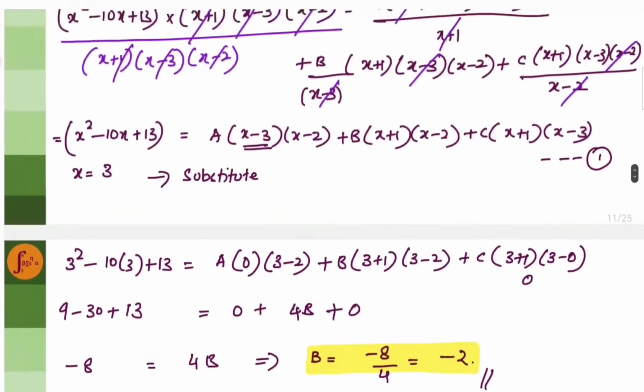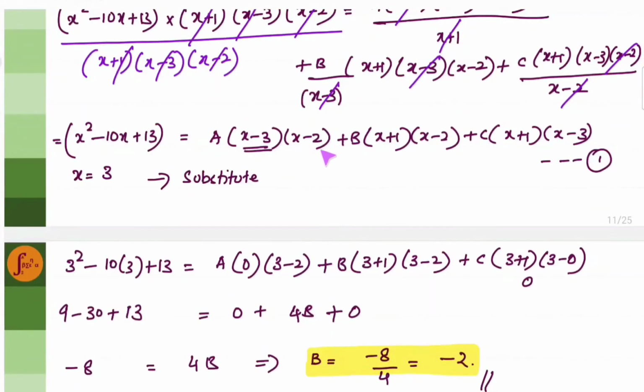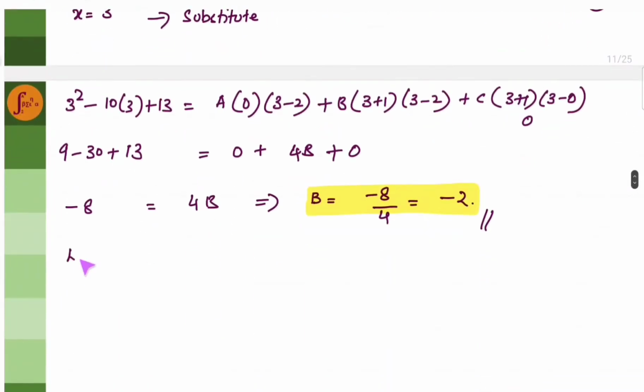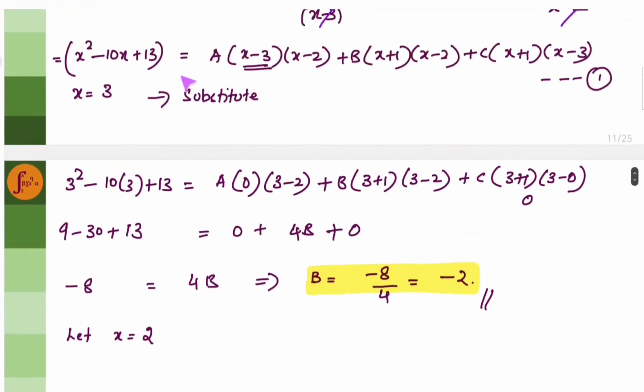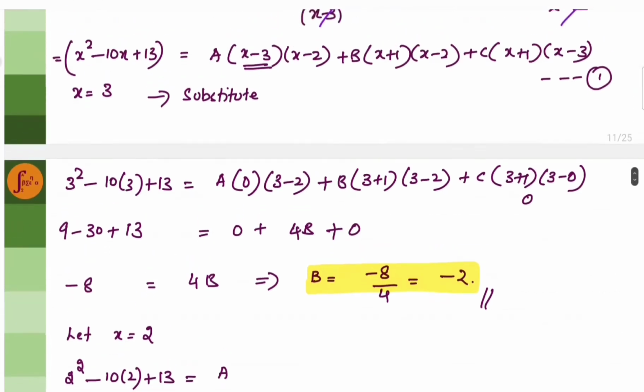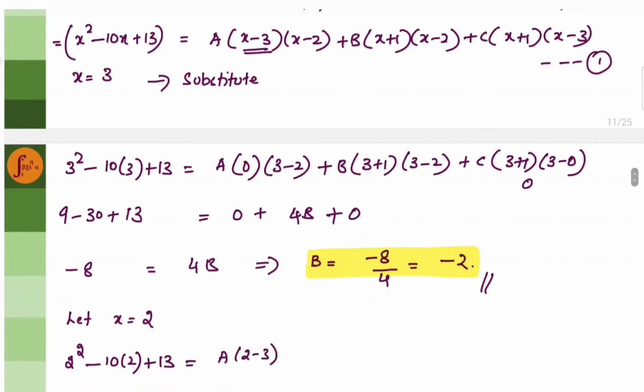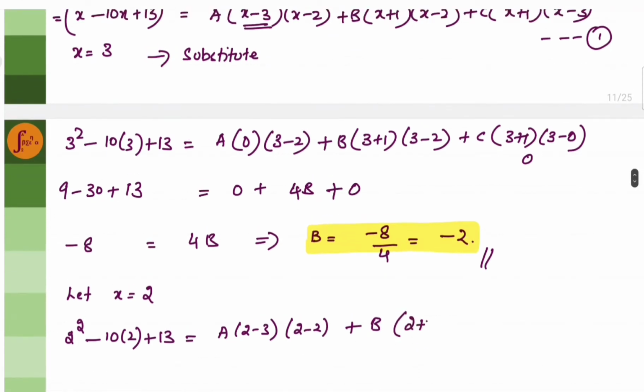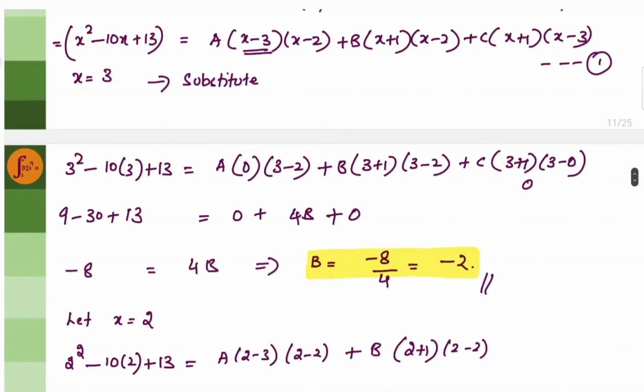Now we'll find the second one. Now we'll take the second term, which is x minus 2. We'll assume x is equal to 2. Now take 2 and substitute in this entire equation. So we'll get 2 square minus 10 into 2 plus 13 is equal to a into 2 minus 3, 2 minus 2, which is 0, plus b into 2 plus 1 into 2 minus 2, plus c into 2 plus 1 into 2 minus 3.